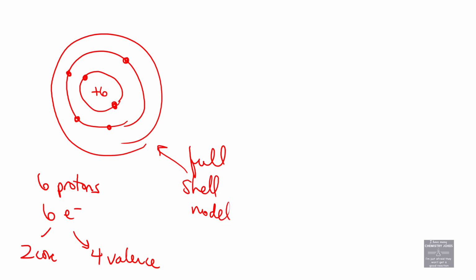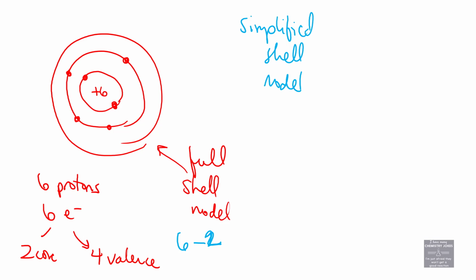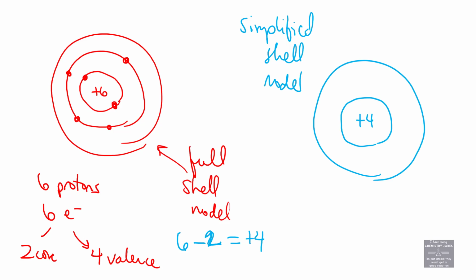But we have also drawn simplified shell models, where we take number of protons minus number of core electrons, and that equals our core charge. So plus 4, and then we've got an empty first shell, and then our second shell will have 4 valence electrons in it for carbon.